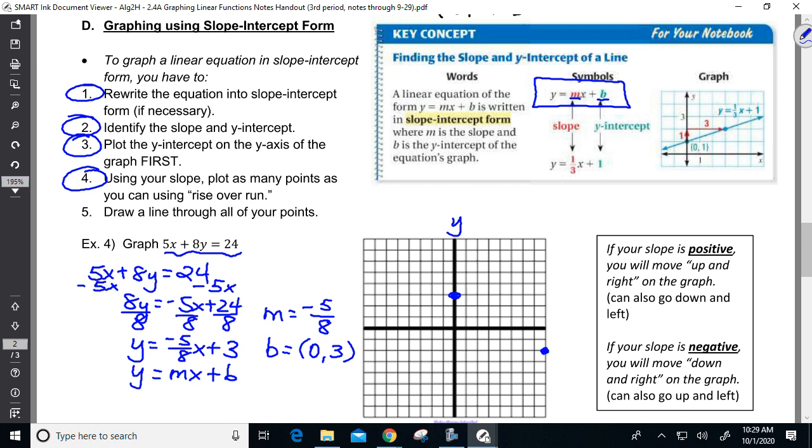So you can go down and to the right, or you can go up 5 and to the left 7. Draw your line.